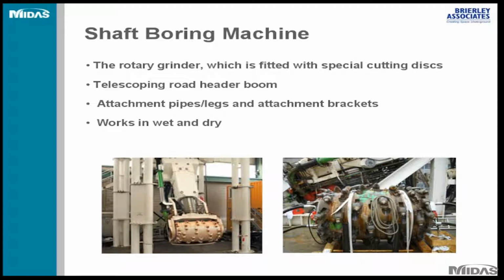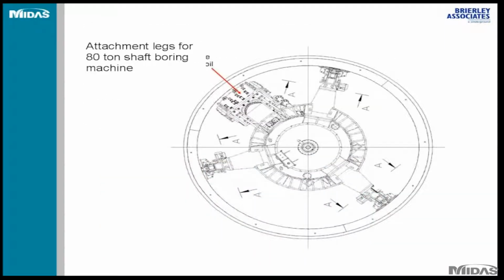The arm, or the road header, has a telescoping arm. As I will show later, you can over excavate or under excavate under the segments as you advance the shaft. And as I said earlier, you can use it in the wet or in the dry during construction.